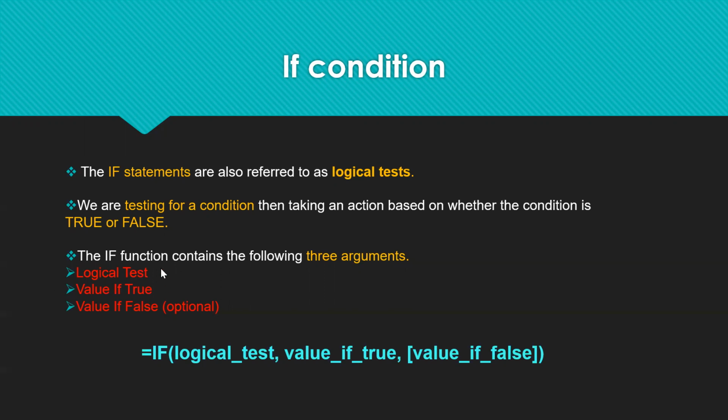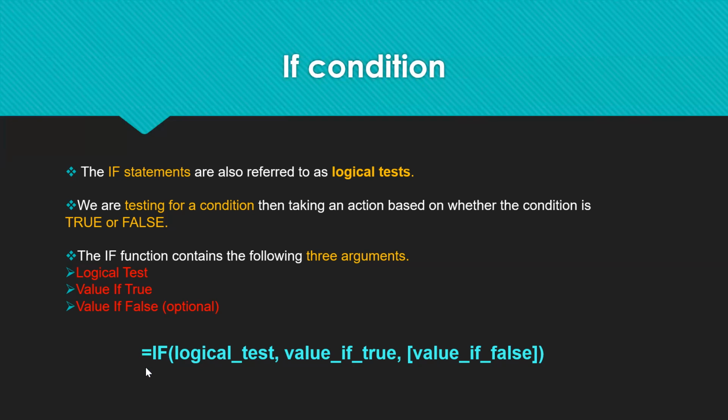And the if condition contains the following three arguments. If is a function, and the function has three arguments in it. The first one is a logical test, the second one is the thing to do if the condition is true, and the third is the thing to do if the condition is false.